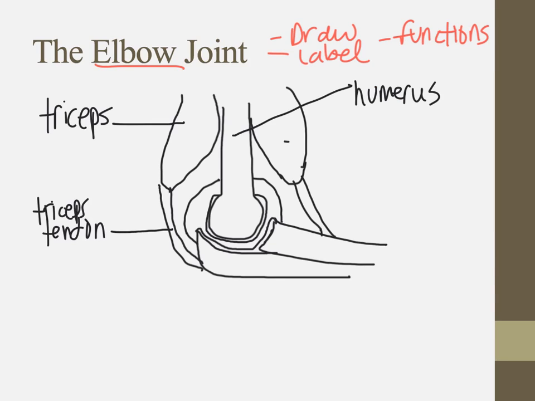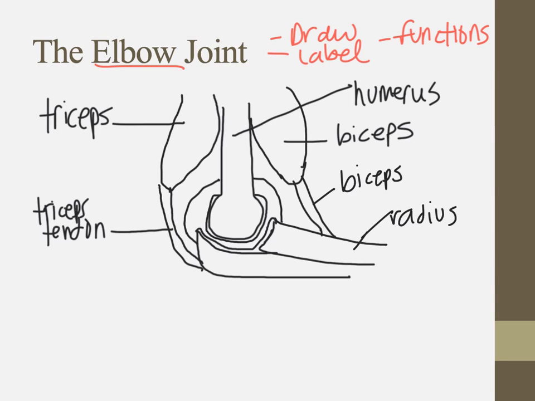And here we have the biceps muscle. The biceps is going to connect the humerus to the radius, and it does so via the biceps tendon. Down here again we have the ulna, and that connects to the triceps.